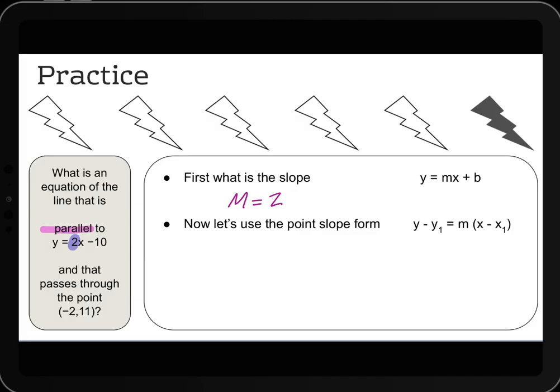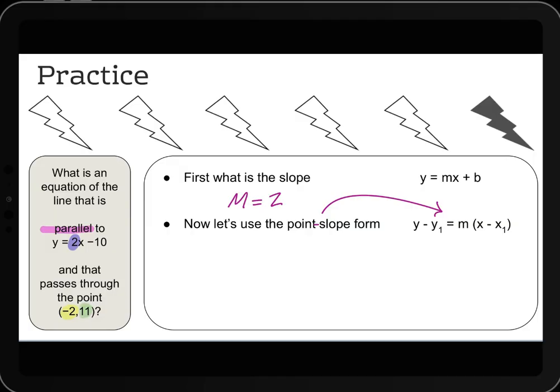Now over here you can see that we have the point slope form. That's what this is. Okay, so I'm going to go ahead and use the point slope form, and I'm looking at my points. I have negative 2 for x and 11 for y.